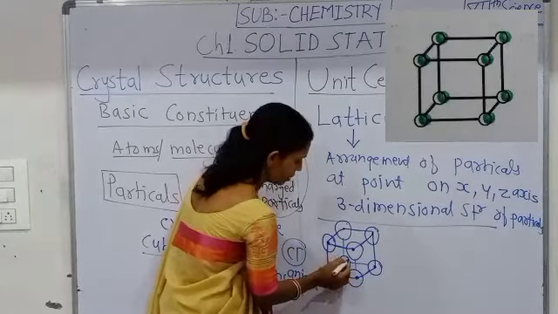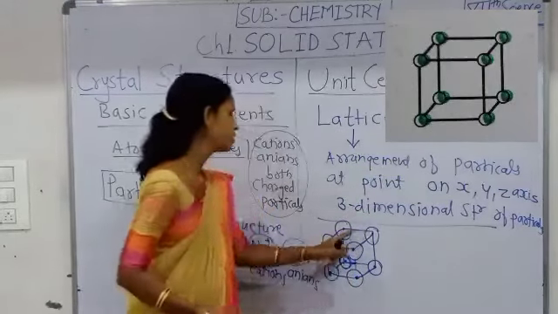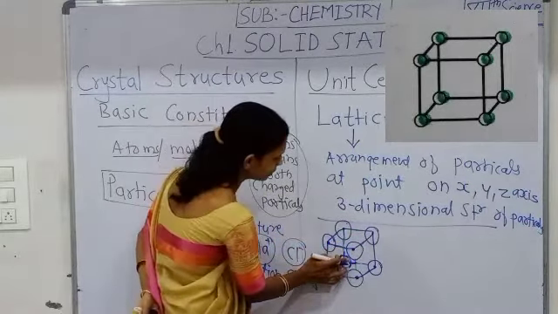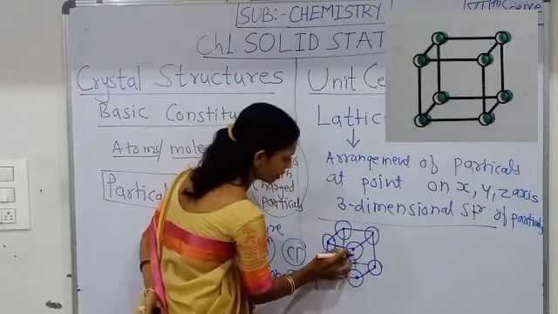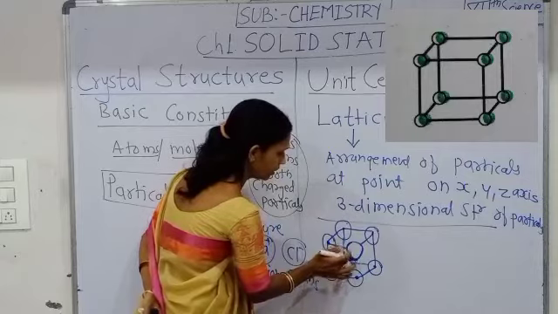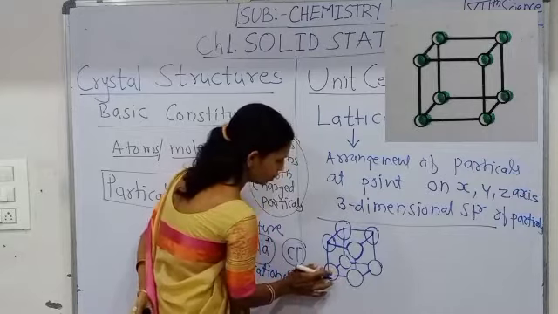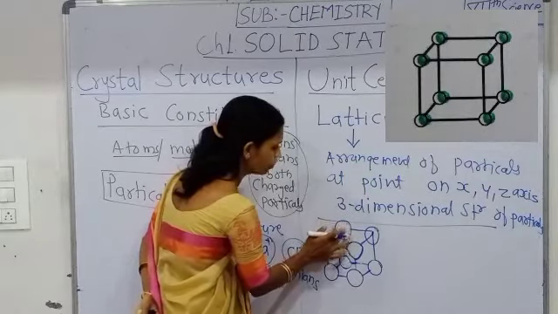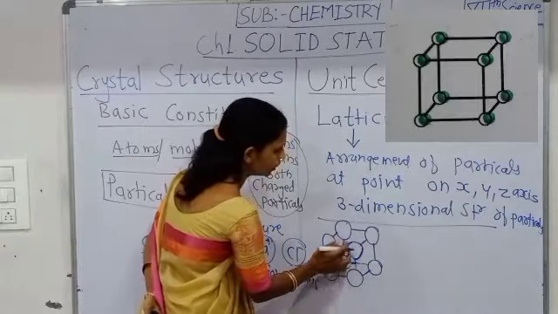There are a total of 8 ions arranged at the 8 corners of the cube, and the structure obtained is the unit cell, or crystal structure, or lattice structure of NaCl, sodium chloride.